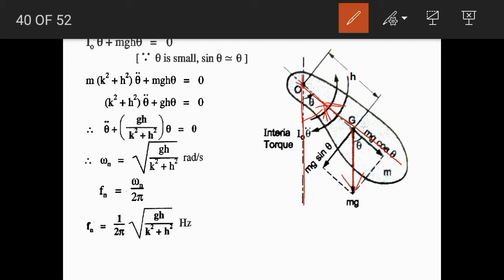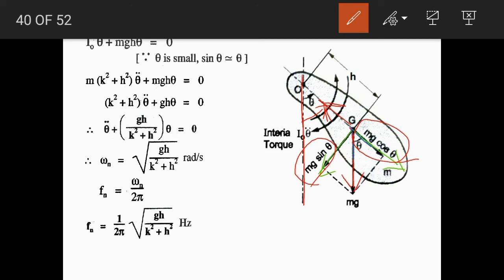So we need to consider two components of the weight, the radial component and the tangential component. Let this be the radial component and this would be the tangential component. As we have discussed earlier, this angle is theta, so the radial component would be mg cos theta and the tangential component would be mg sin theta.